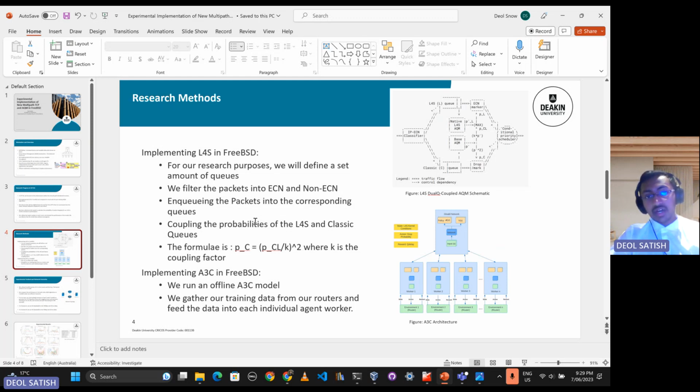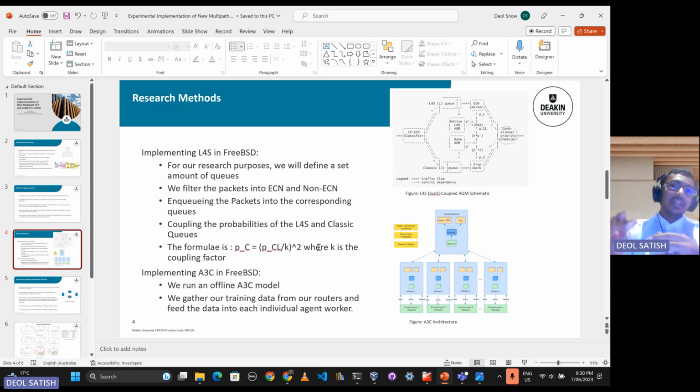Using a formula, the L4S and classic queues have a certain relationship. There's something called drop probability, which is the probability of dropping a packet. What this formula says is that PC is equal to PCL divided by K, raised to 2.